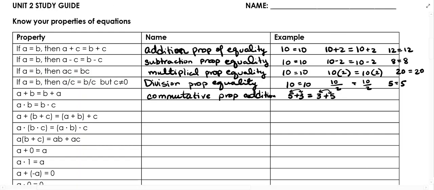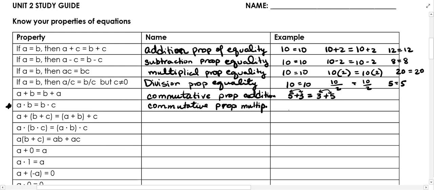The next one right here is A times B equals B times A. So this is the commutative property over multiplication.